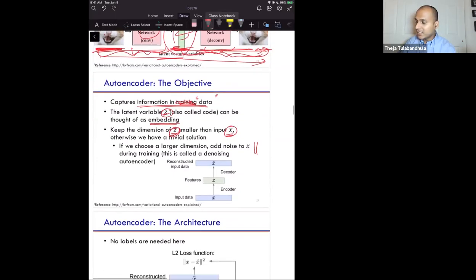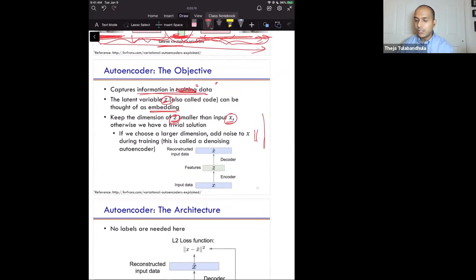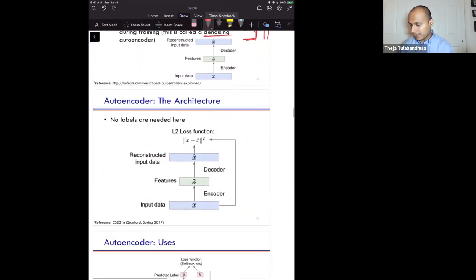So that's the meaning here: ideally z's dimension should be small. If z's dimension is large, then what people do is a different class of models called denoising autoencoders, where they add noise to the input and they still want to get the same output. But let's not worry about this bit here. Let's come back to the autoencoder architecture. So what we have is input data, which we're going to encode into a feature space.